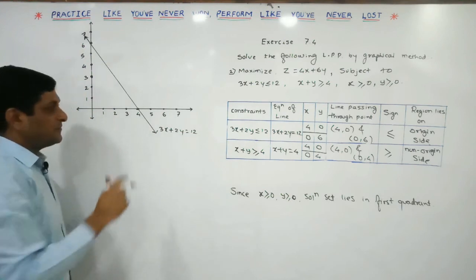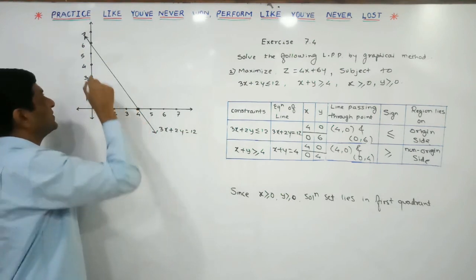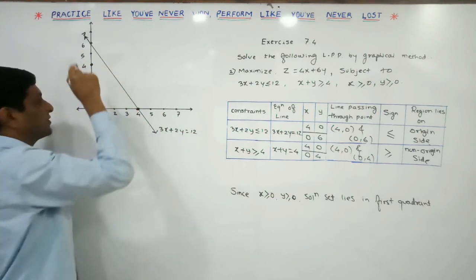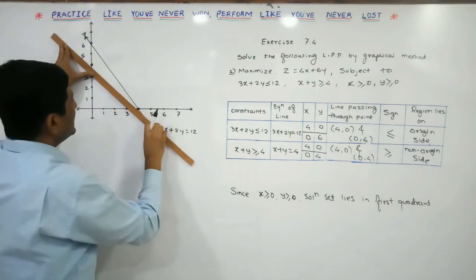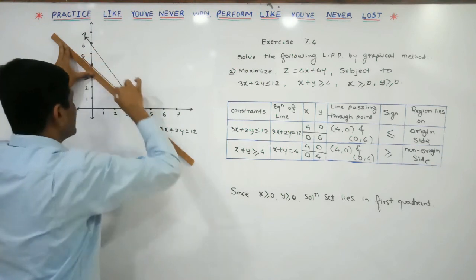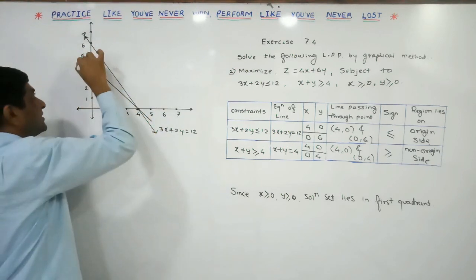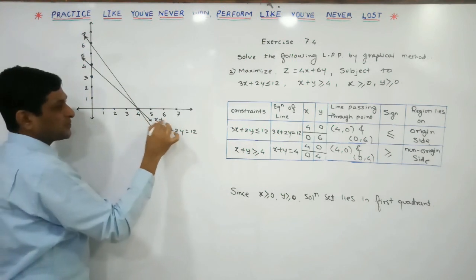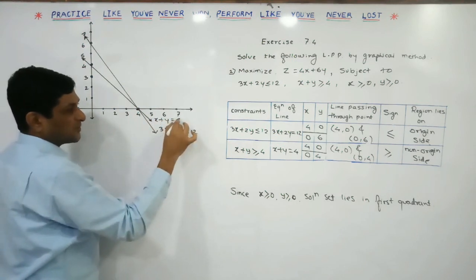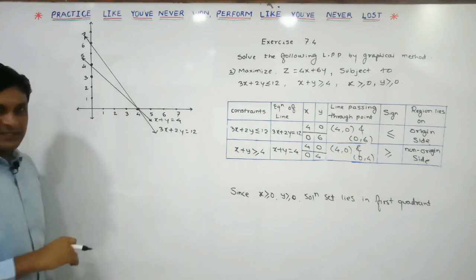Now draw a second line which passes through the points (4, 0) and (0, 4). Coordinates of 2 points on the second line are also known to us. Draw a line passing through these 2 points. So here we can observe that the equation of this line is what? x plus y is equal to 4. So both the lines are constructed here.